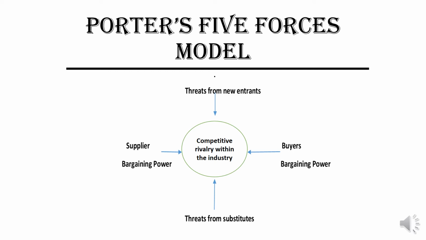These are outside the industry. However, within the industry, we have the competitive rivalry within the industry. Now, let us see how these forces dictate the factors that make an organization profitable or not profitable. Let us start from the threats from the new entrants.